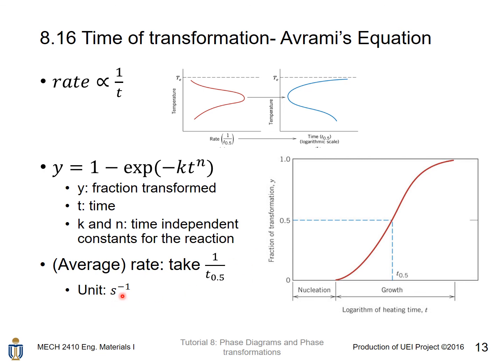And the unit, therefore, is per second for this average rate. You can see from the picture here, we define the average rate, or t 0.5, to be here, and the average rate is just the reciprocal of this number.